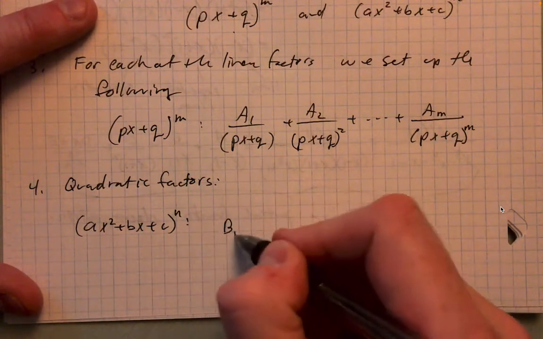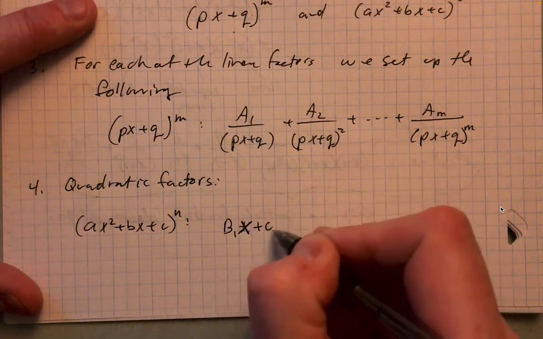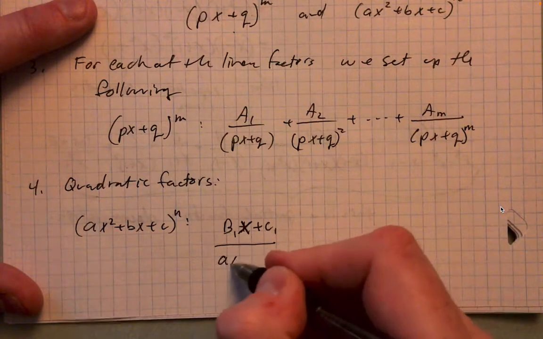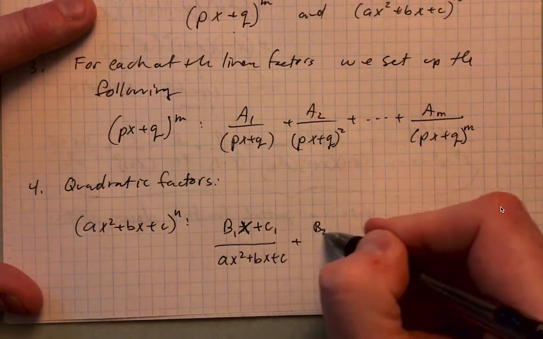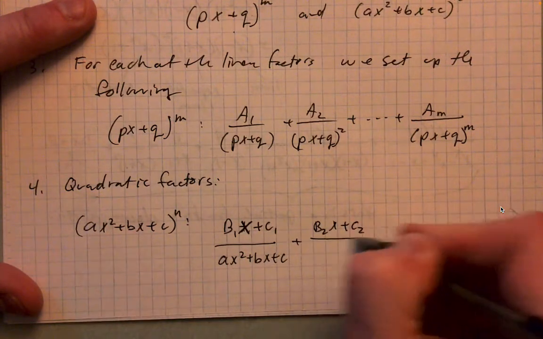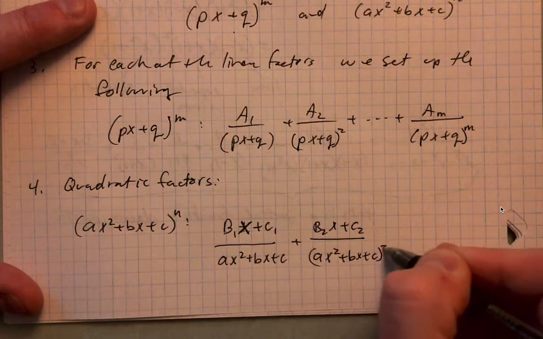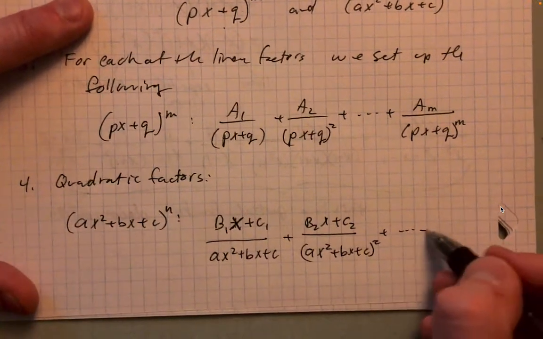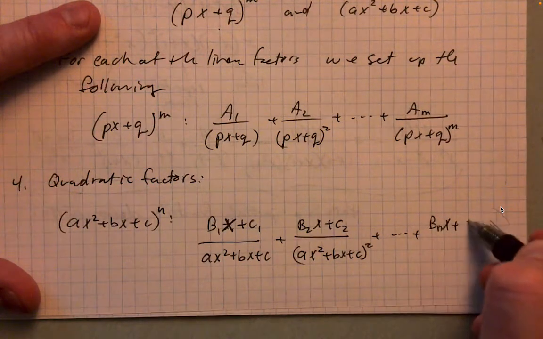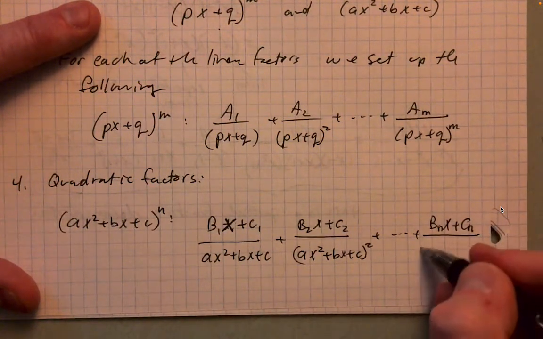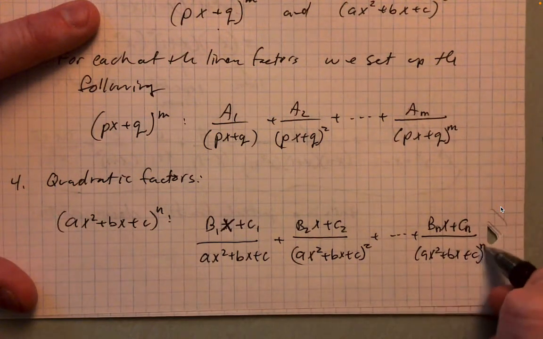It'll be b1x plus c1 over ax squared plus bx plus c, plus b2x plus c2 over ax squared plus bx plus c squared, plus dot dot dot up to bnx plus cn over ax squared plus bx plus c to the nth power.